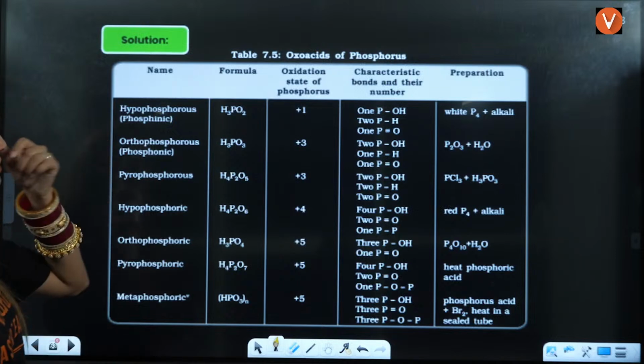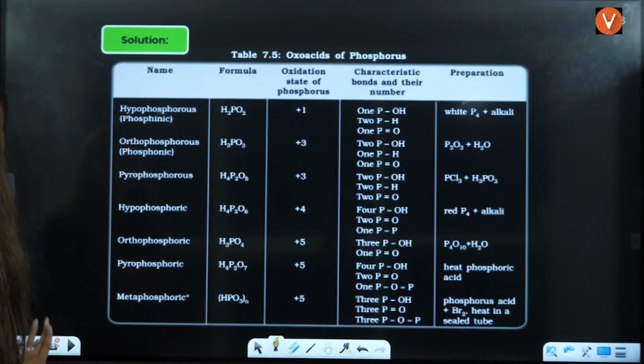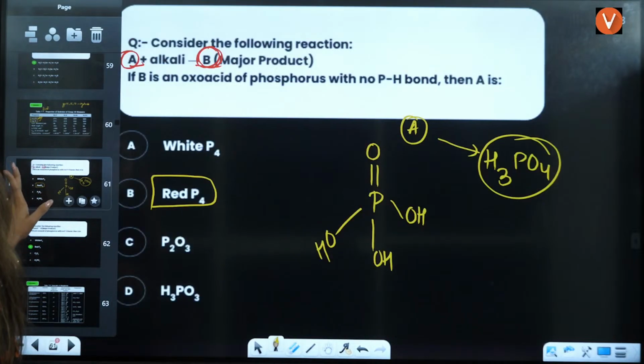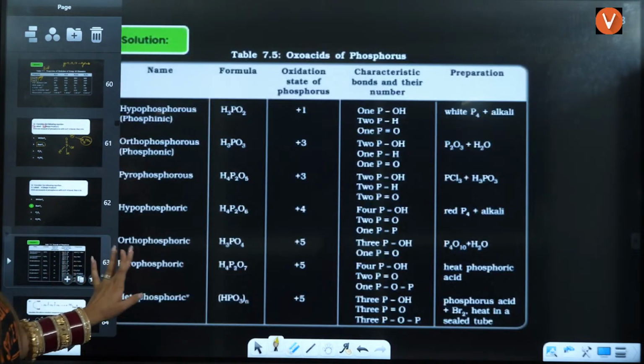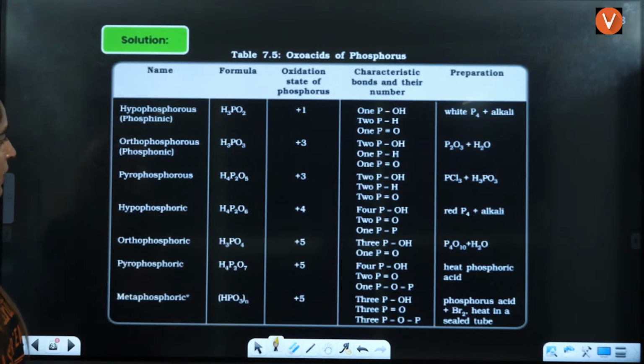Let me see. B is an oxoacid with no P-H bond, then A is... we can also write A as red phosphorus here. H3PO4. No P-H bond they are saying, no?